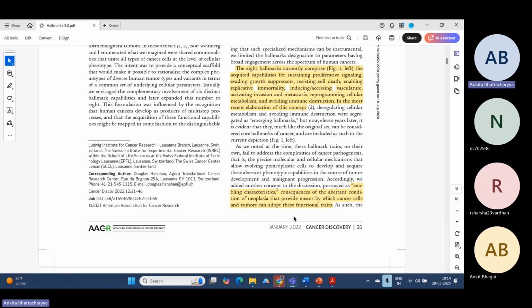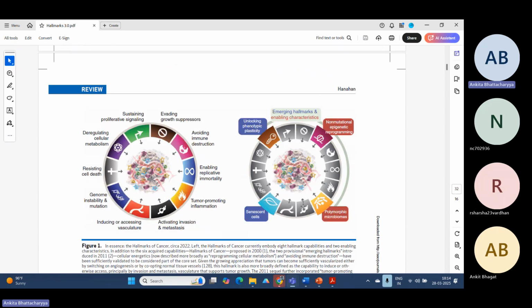That it is going to lead to a cancerous condition. However, an enabling characteristic basically means that it is providing a way by which cancer cells can adopt that functional trait. So an enabling characteristic is helping the cancer cell acquire the core hallmark so that it can become cancerous in nature. So it enables neoplasia. That is basically the definition of the same.